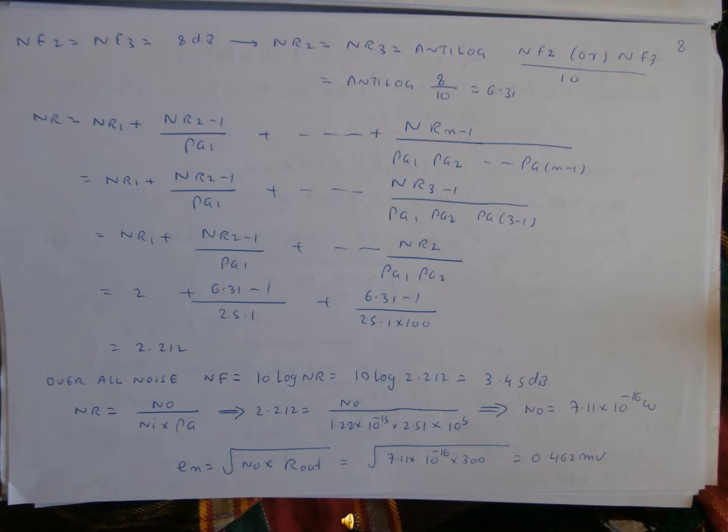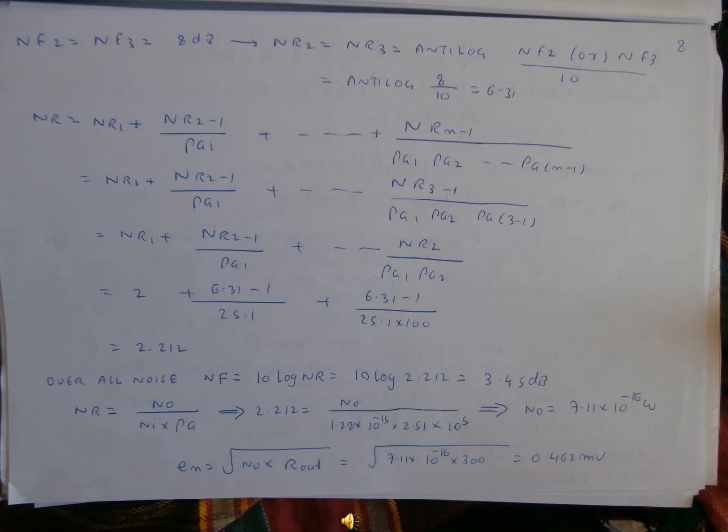Now, NF2 NF3 is 8 dB so NR2 NR3 is antilog of NF2 or NF3 divided by 10. Antilog of 8 by 10 gives 6.31. Noise output NR equals NR1 plus (NR2 minus 1) divided by PG1 up to (NRN minus 1) divided by PG1 PG2 up to PGN minus 1.